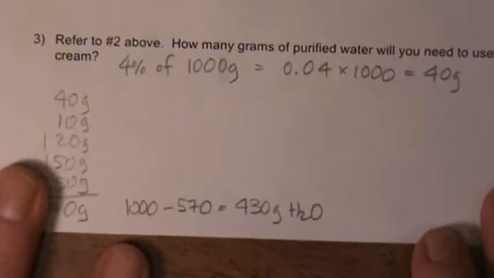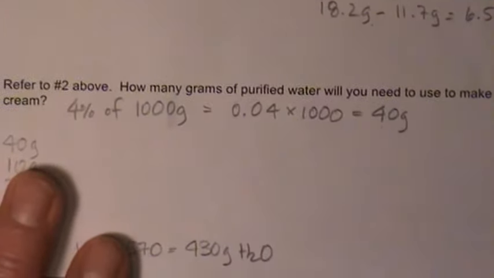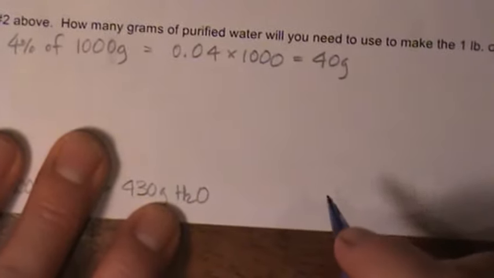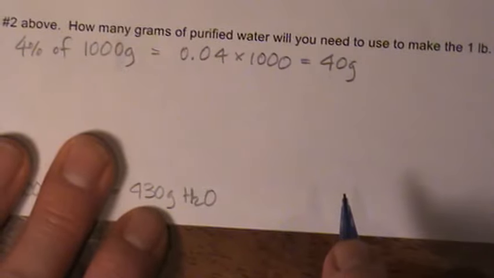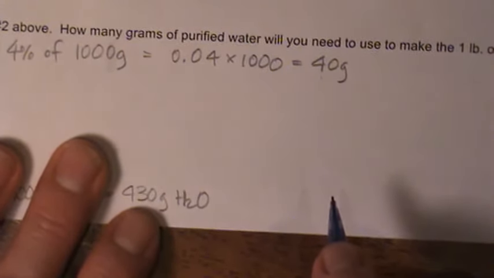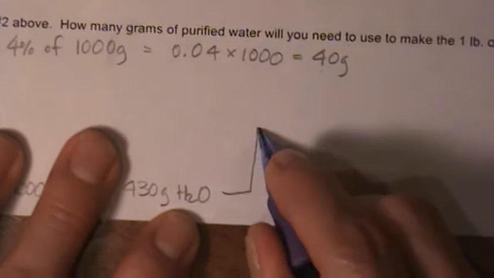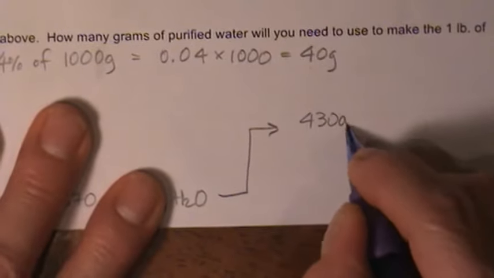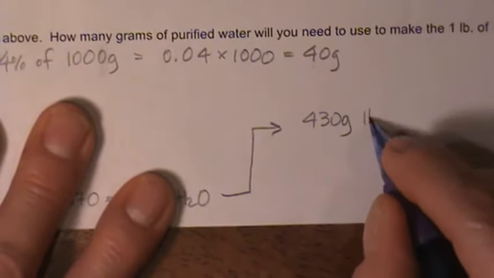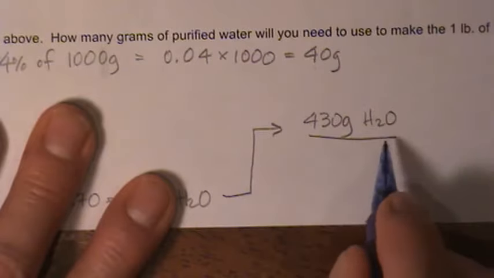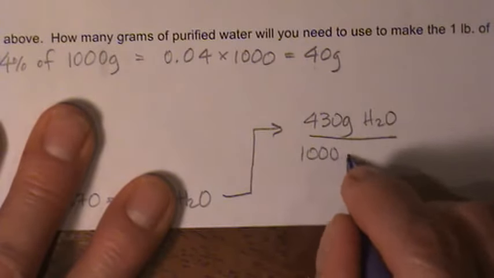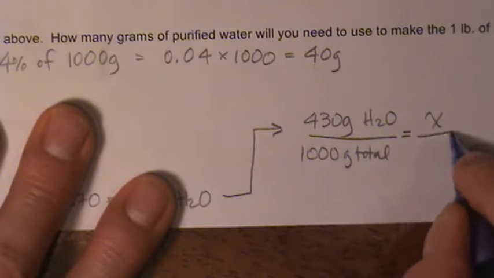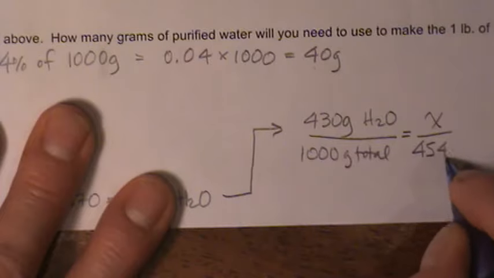But the question I asked was how much you would need for the 1 pound. Well, if I know how much I need for 1,000 grams, it's really easy to figure out how much water I would need for 454 grams, or 1 pound. I'm going to use a simple ratio proportion. I'm going to say there's 430 grams of water to 1,000 grams total of my mixture, whatever it is, my recipe, and that equals how many grams to 454 grams total.